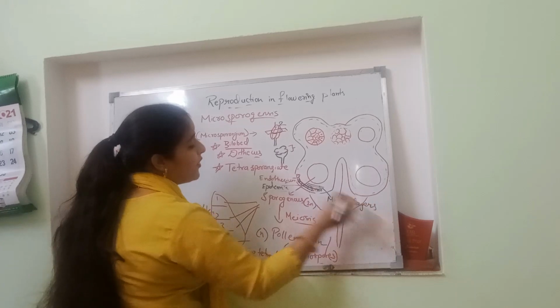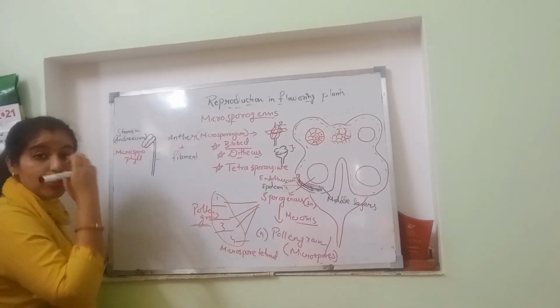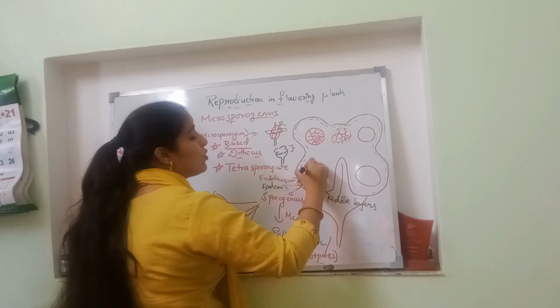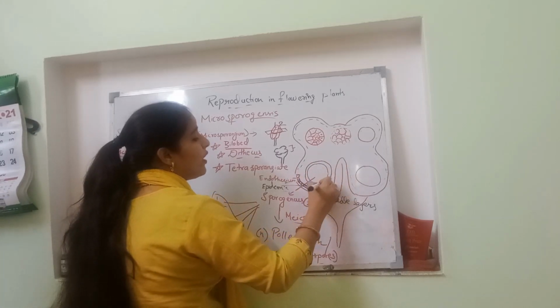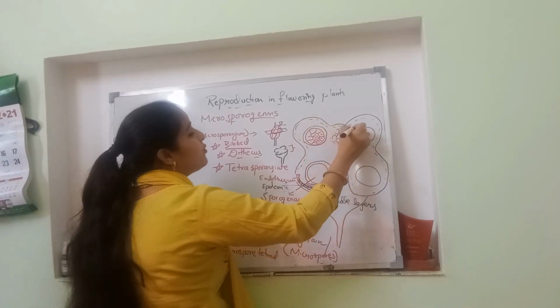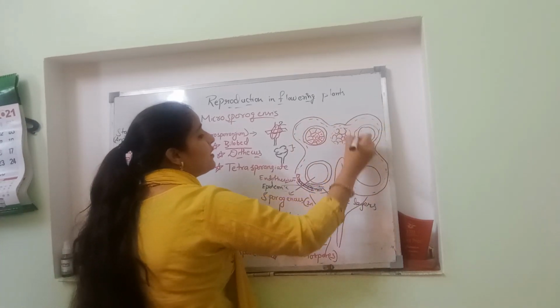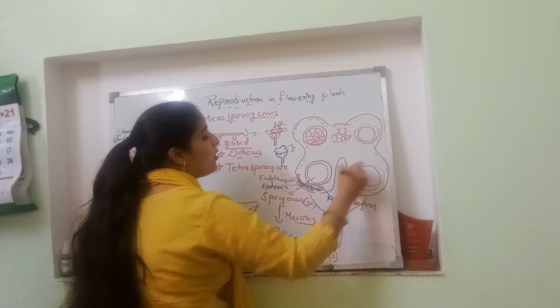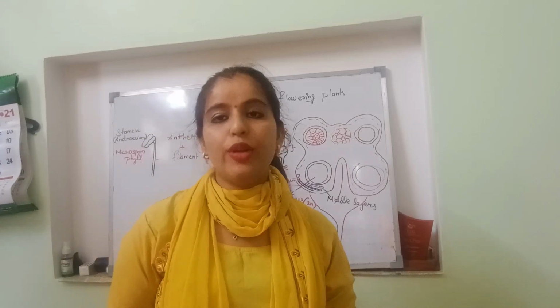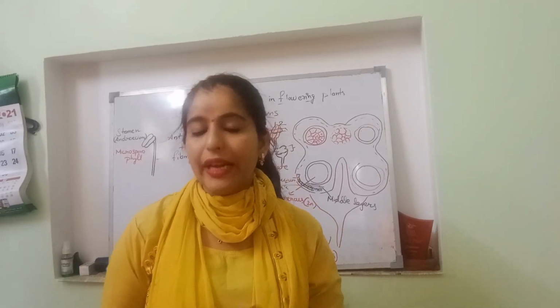Now, after middle layer, there is an innermost layer which is continuously surrounding the sporogenous tissues. Sporogenous tissues को भी surround करती होगी चारों ओर से. पूरे anther को नहीं, सिर्फ sporogenous tissues को. This is the tapetal layer. Now, this tapetal layer has a function that it provides nourishment to the developing microspore or pollen grain.